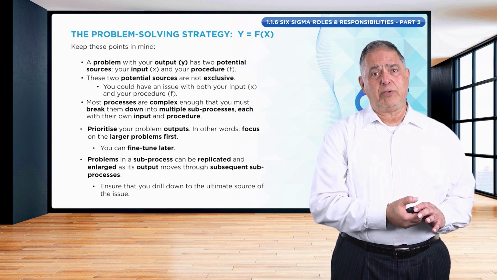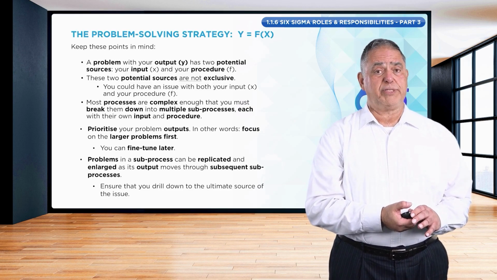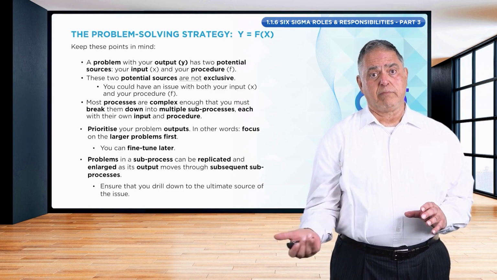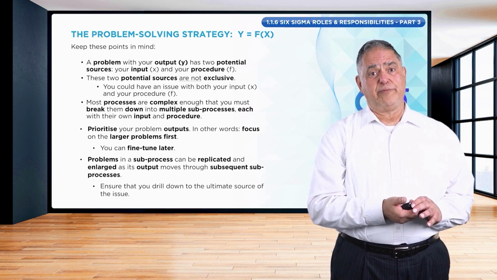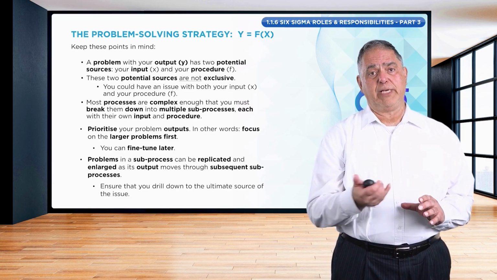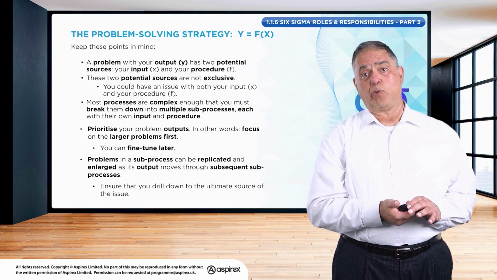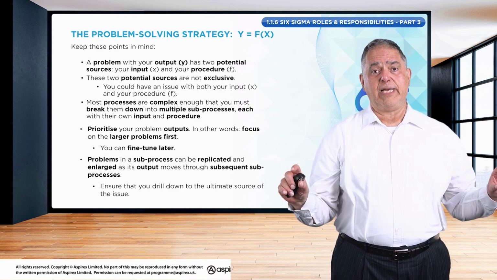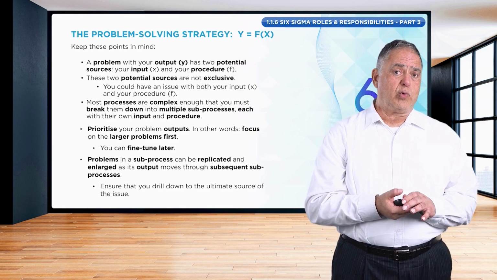Now, the output of sub-process A becomes input in sub-process B, which produces also an output. And the output of sub-process B becomes an input in sub-process C, which also produces an output. So it is just like a chain of interdependent subtasks or process steps.